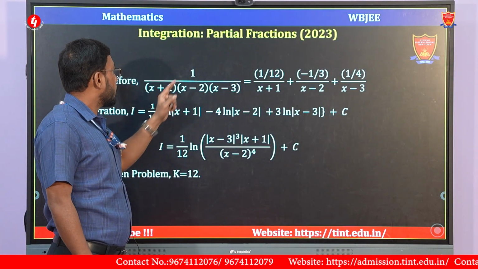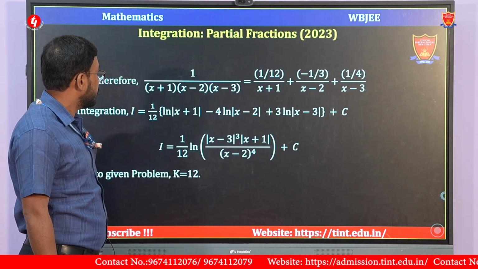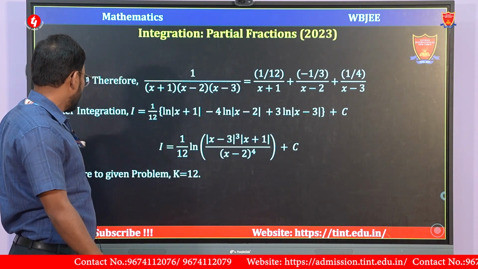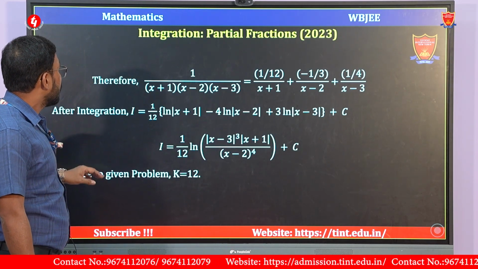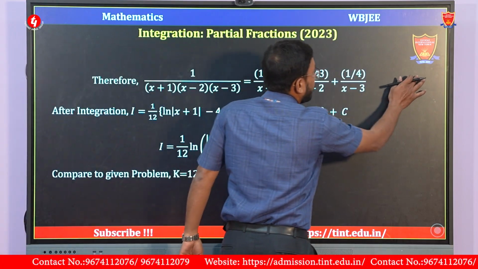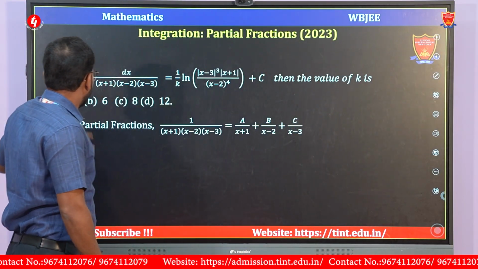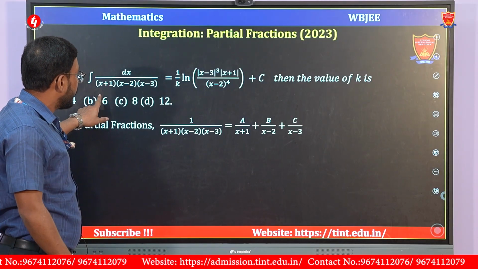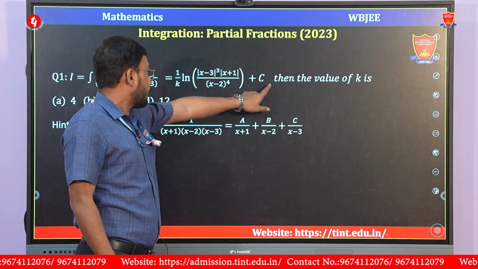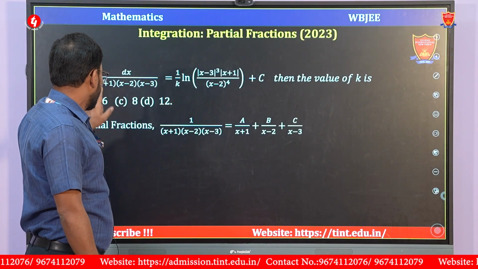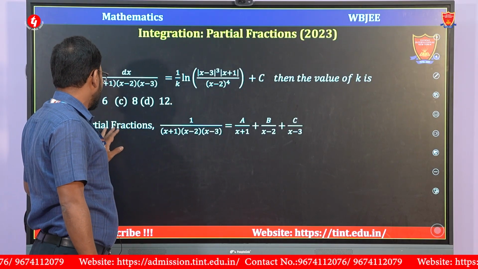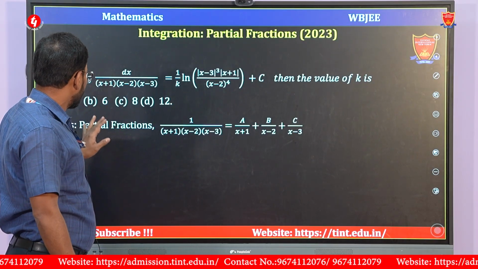First, we consider the problems for partial fractions, which is a 2023 WBJEE problem. Now, in this problem, the integration is given. Now, we have to find out the value k. Okay. So, for these partial fraction problems, how to solve?